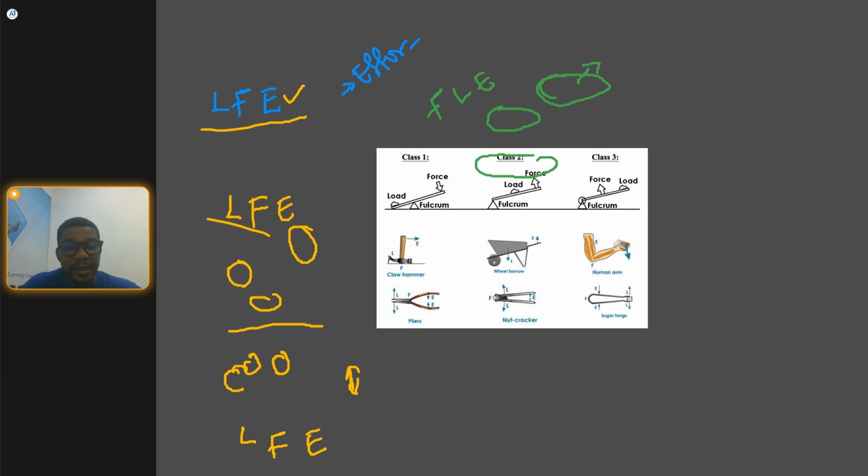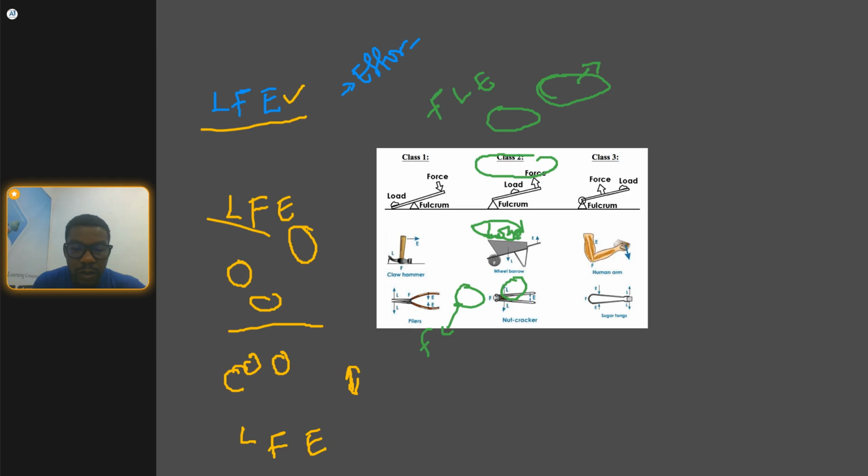And under this second class, we have some examples also. We have the wheelbarrow. The wheelbarrow is a good example of the second class of lever. The wheel here is said to be the fulcrum, and where you put your load here is said to be the load, letter L, and where you actually hold it to push is called the what?